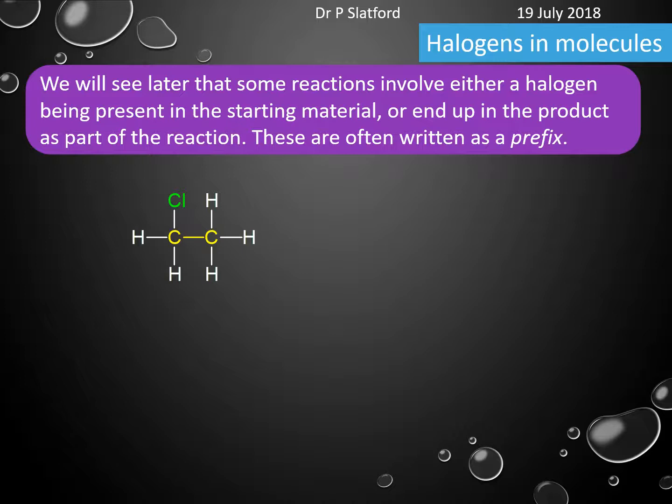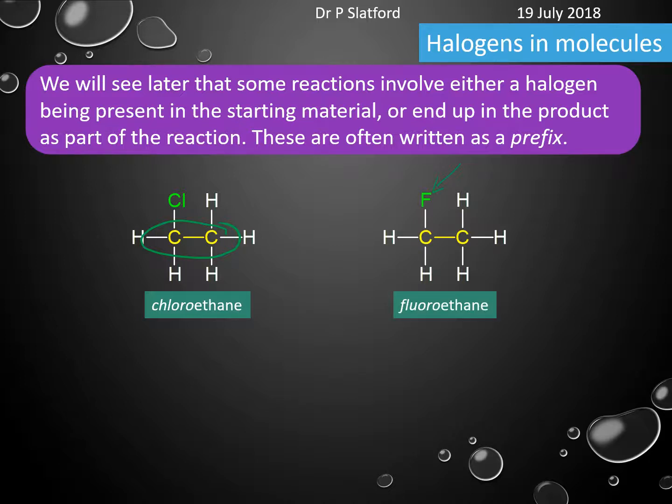So if I've got this molecule here, then I've got 2 carbons, I've got 1 chlorine, and I'm hoping that you would recognize that because I've got the 2 carbons there, it's an eth, it's a single bond, so it's an ethane, and then we say it's chloroethane. Similarly, if I've now got a fluorine here instead, it becomes fluoroethane. Okay?